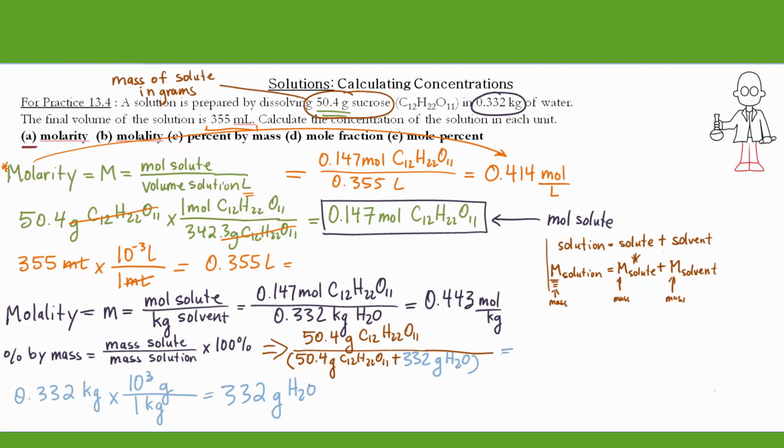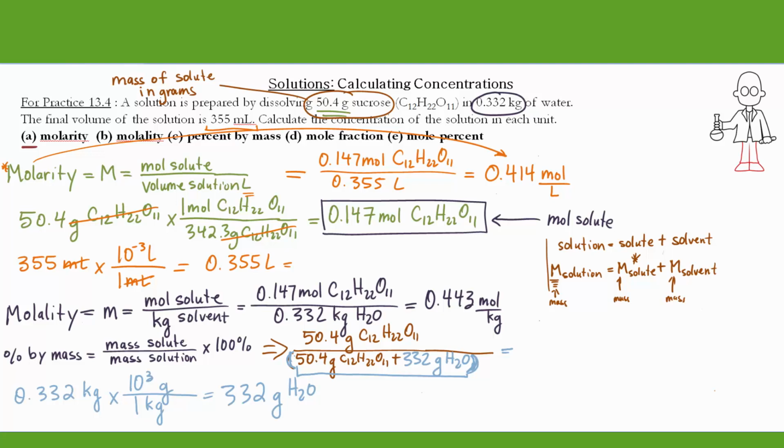So now we can determine the mass percent. You want to sum these in the denominator. That's why this is in parentheses. So you would divide the numerator by the sum of the denominator.